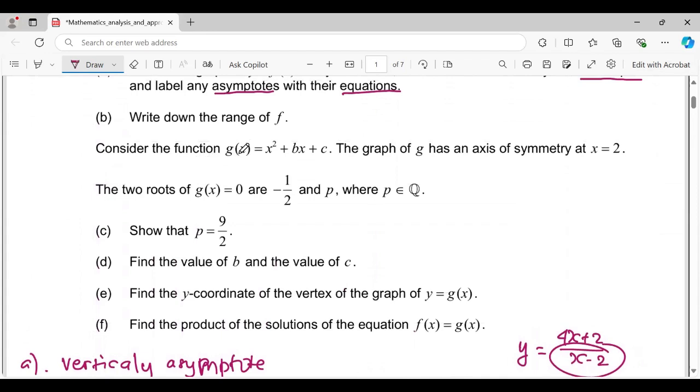Consider the function g(x) equals x squared plus bx plus c, a quadratic function. The graph of g has an axis of symmetry at x equals 2.